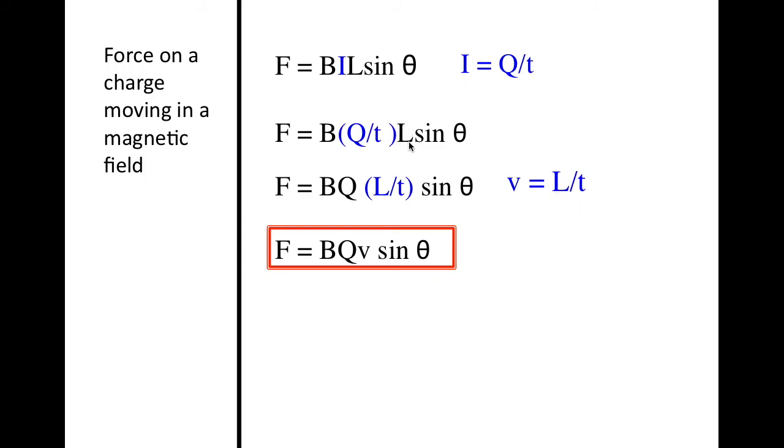And here we have L and we also have T. So if we move these two together, we know that L divided by T is the speed, so we can go ahead and substitute that, and we get this new equation, which is in your data booklet, F equals BQV sine theta. This new equation shows the force acting on a charge Q moving at speed V at an angle theta to a magnetic field of strength B.